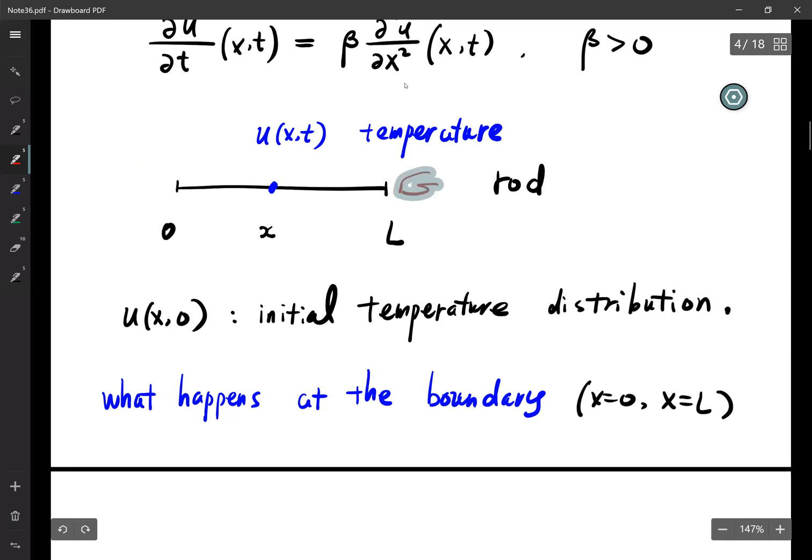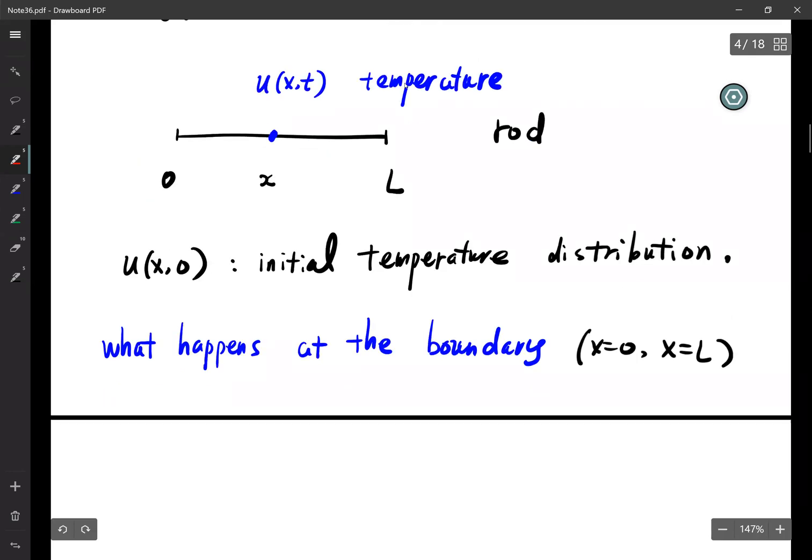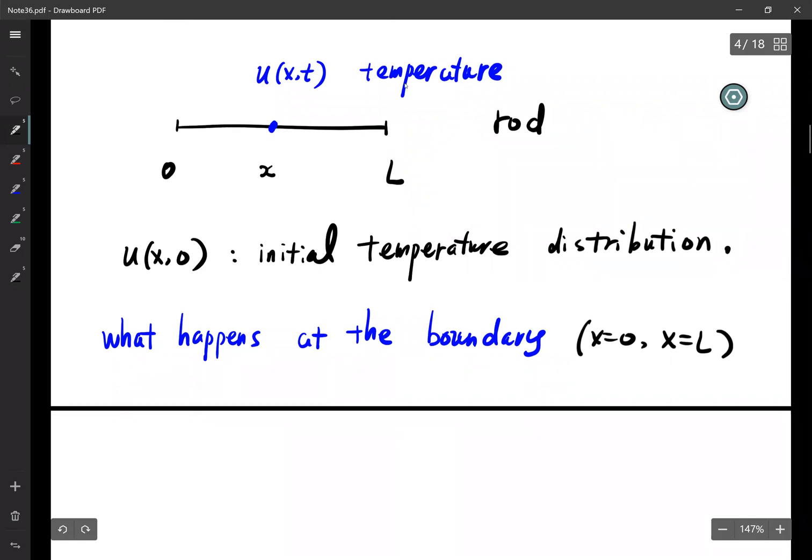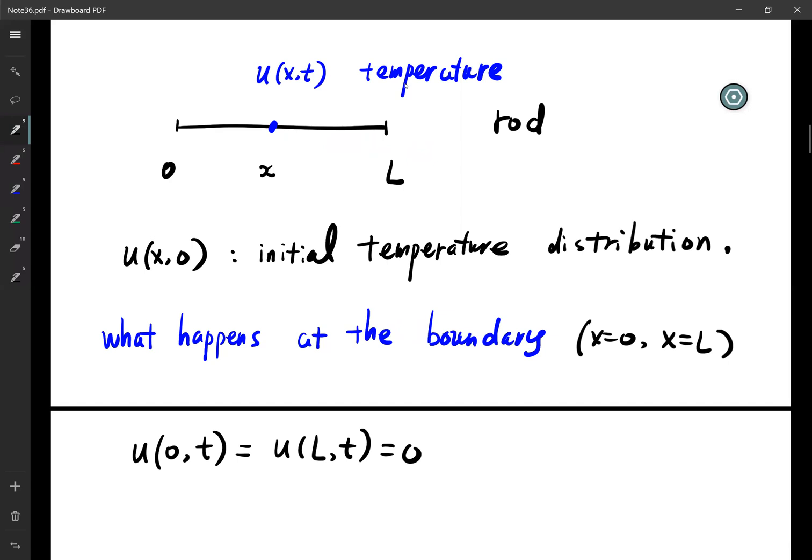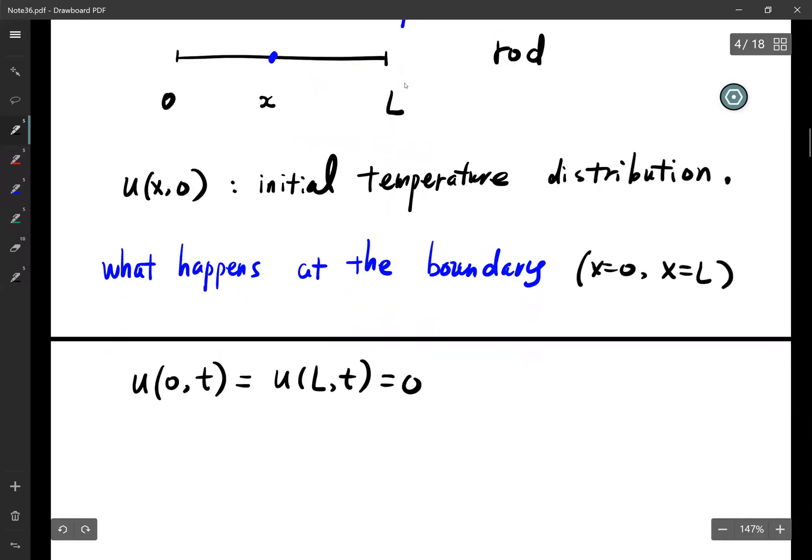So the boundary for a PDE is always very important. And in this case, for simplicity, we set the boundary to be u(0,t) = u(L,t) = 0. So you can think like I put two freezers at the boundary so that any positive temperature is going to be sucked away from the boundary.